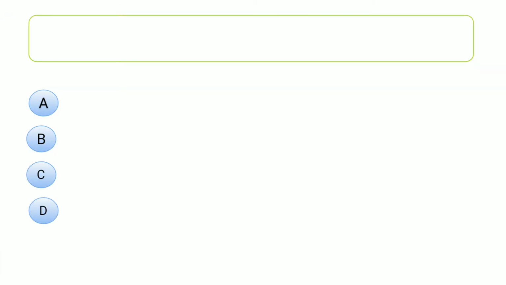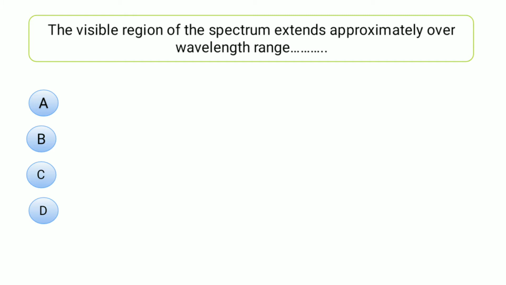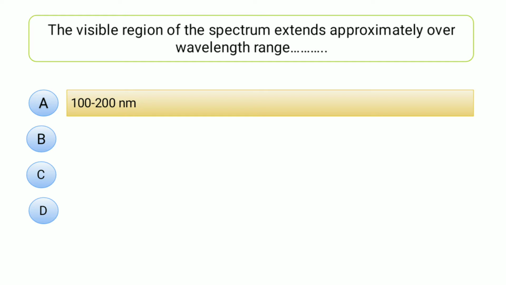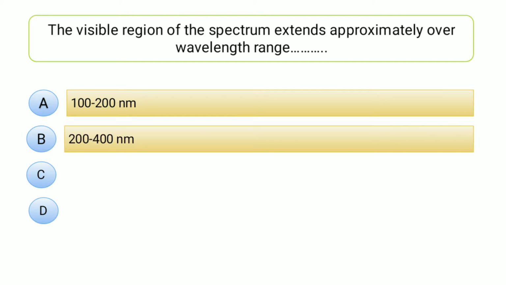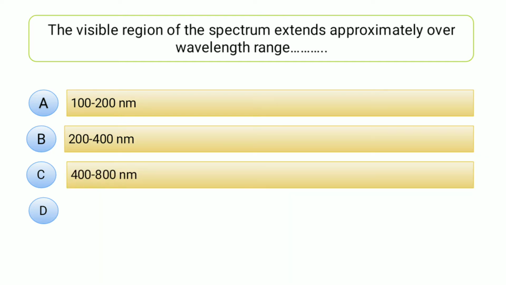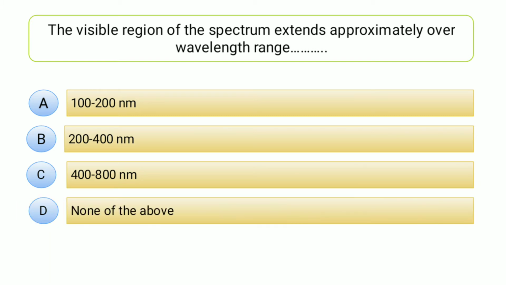Moving to the next question. The question is, the visible region of the spectrum extends approximately over a wavelength range of dash, and the options are A. 100 to 200 nm, option number B. 200 to 400 nm, option number C. 400 to 800 nm, or option number D. None of the above.